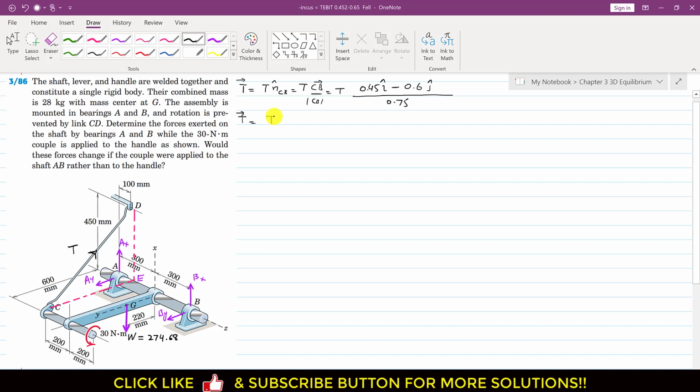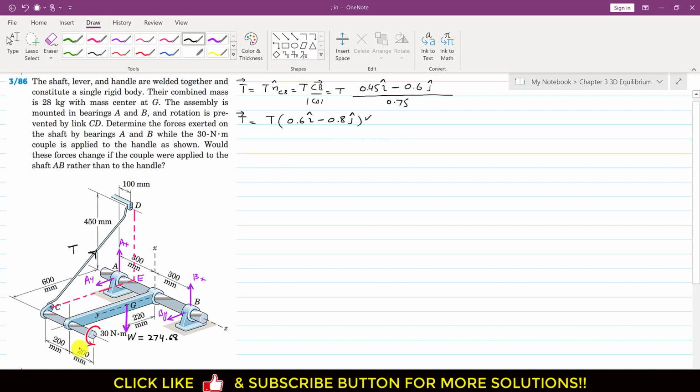So this is T magnitude multiplied by, and this 0.45 divided by 0.75 is 0.6 I, and this 0.6 divided by 0.75 is minus 0.8 J, right? So this is our T vector.